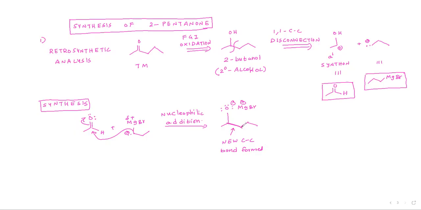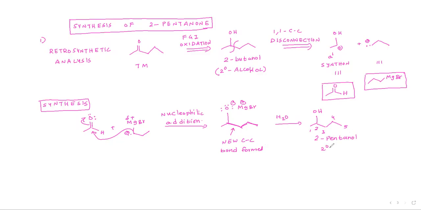And then this on hydrolysis, you will get OH, CH2, CH2, CH3. So this is 1, 2, 3, 4, 5. So this is 2-pentanol.